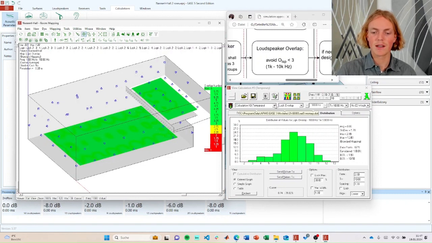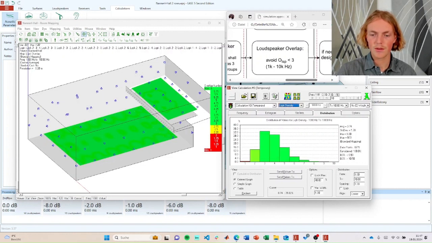So we can step on to the last criteria, which is the loudspeaker density.